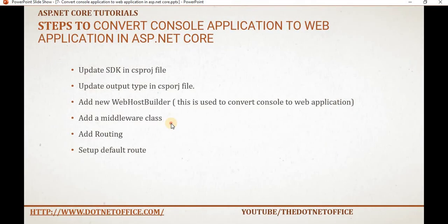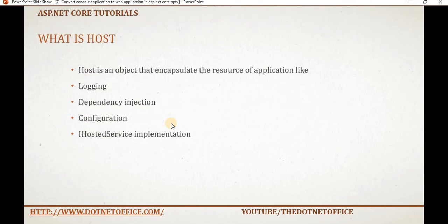Before that, let's understand what the host is in ASP.NET Core. Host is basically an object that encapsulates the resources of the application like logging, dependency injection, configuration, and IHostedService implementation. In the previous ASP.NET technologies, for using dependency injection, we had to use third-party tools to support it in ASP.NET.